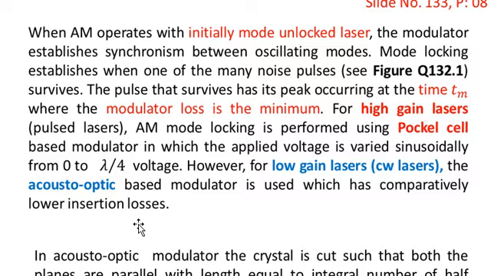So when we are talking about the pulsed lasers, we can use the Pockels cell as the AM modulator, and when we are talking about the continuous wave lasers, then we can use the acousto-optic modulator.